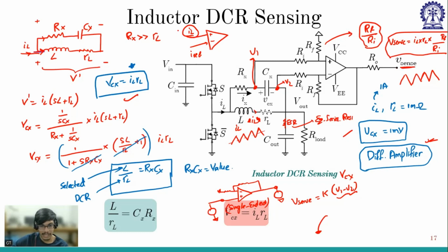Not exactly IL, some gain into IL. So this gain into IL is this V-sense, because now it is an equivalent voltage. Though it has current information, it is in terms of voltage, right? So K into IL volts, and I reference is coming from my DAC output. The input is coming from the FPGA. Is that clear?